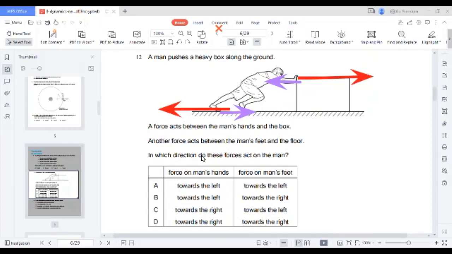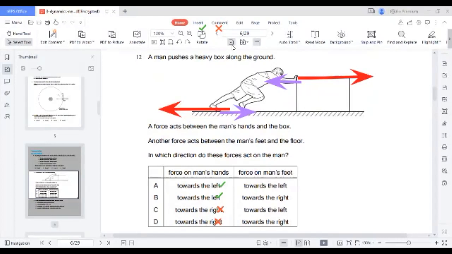The force on the man's hand is in the leftward direction. So this option is correct and this option is correct, and these options are incorrect in terms of force on the man's hand.